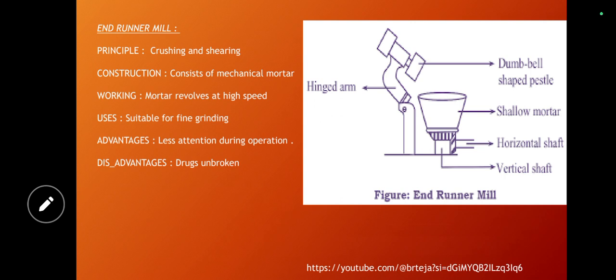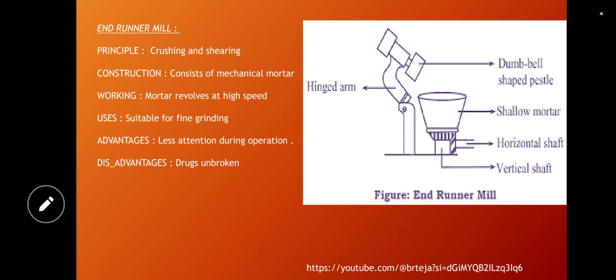What are the advantages? Less attention during operation. What are the disadvantages of the end runner mill? Unbroken drugs. Okay, this is all.